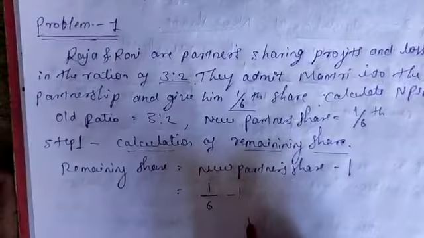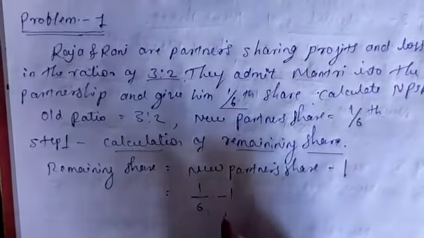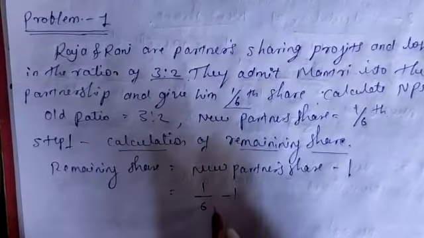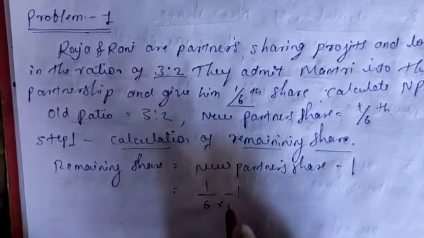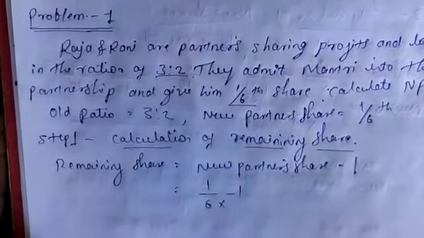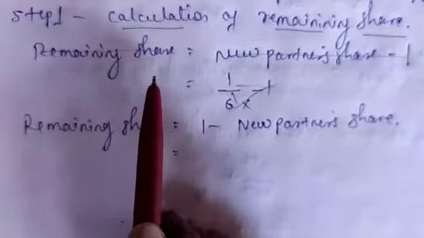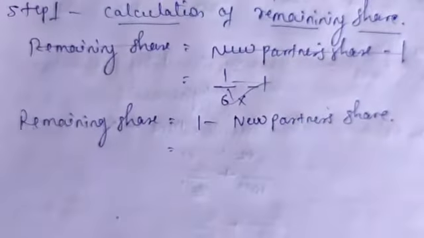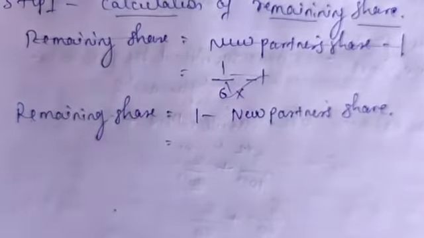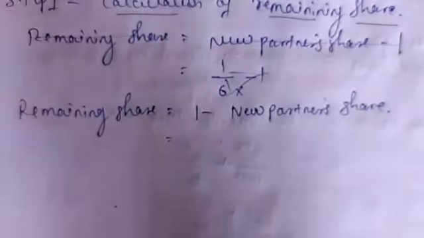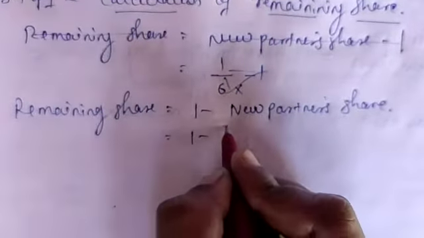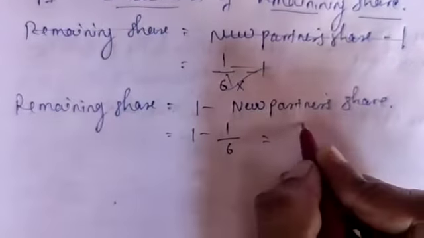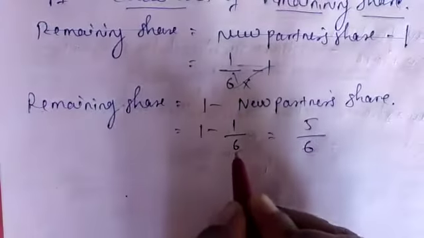So the remaining share formula is 1 minus the new partner's share, not the new partner's share minus 1. The new partner's share is subtracted from 1 here. So 1 minus 1/6. How does it become 5/6?